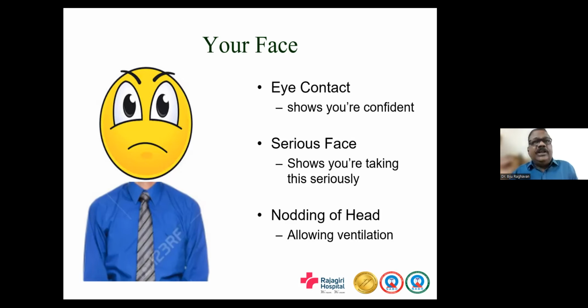And nodding of head, right? When somebody is talking, we encourage the person to talk. And how do we encourage? We make eye contact and we nod our head. And in the previous session, I also said make some encouraging sounds like okay. But with an angry person, don't make encouraging sound. Just make eye contact and nod the head.